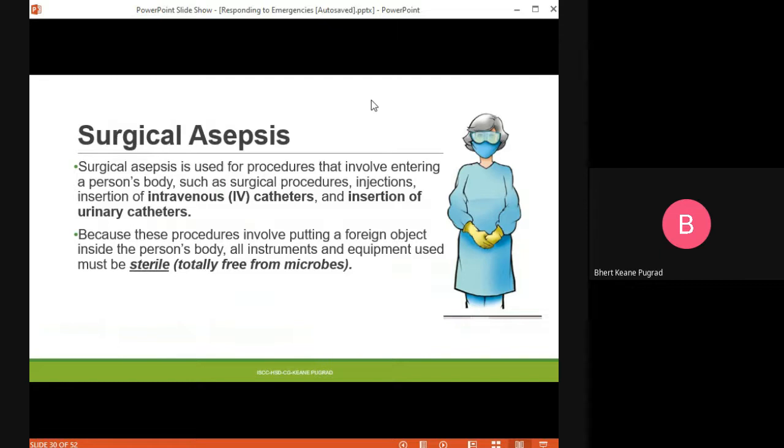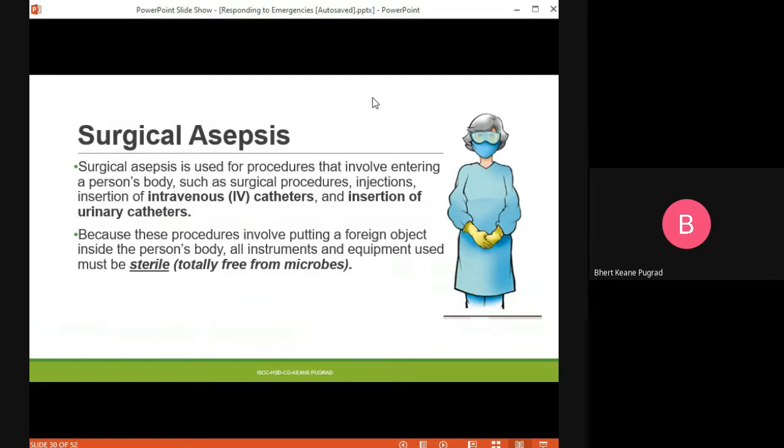Take note, although this is already beyond the scope of practice of caregivers, pero still a must na pag-aralan natin. Kapag operating room procedures, kapag nag-insert ng swero o nag-insert ng sunda, they need to observe surgical asepsis.